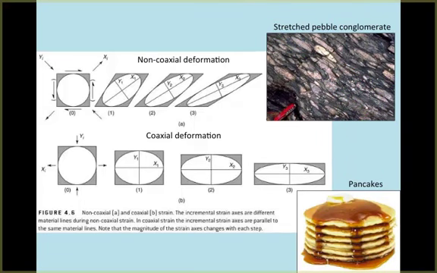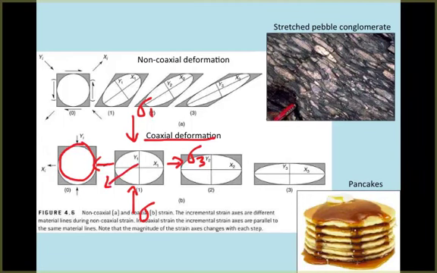Now, we can also have a coaxial deformation, and that's where we start off with the same rounded pebble or rounded mineral, and we apply some sigma 1 stress that is matched by an equal sigma 3, and sigma 2 would be coming out of the plane of the page.